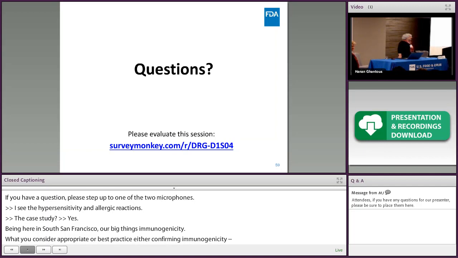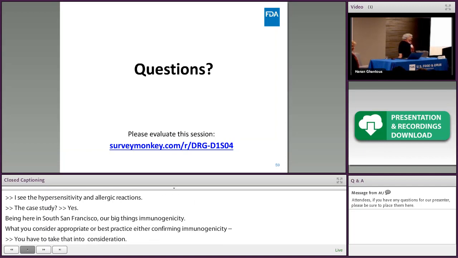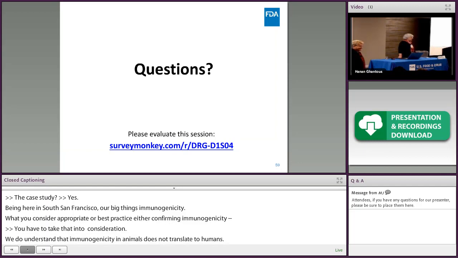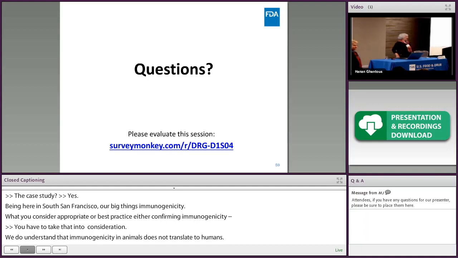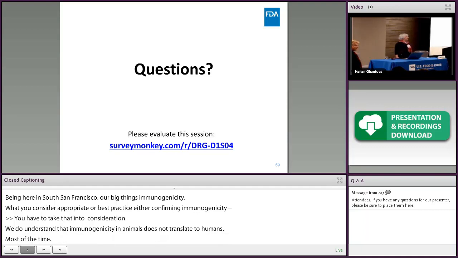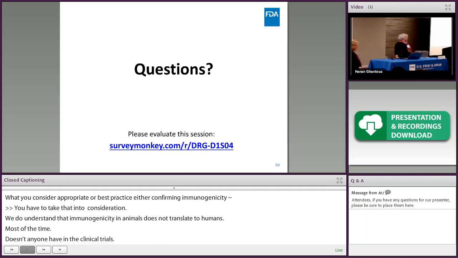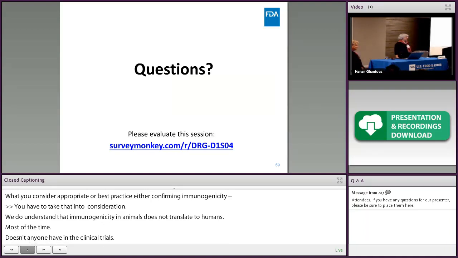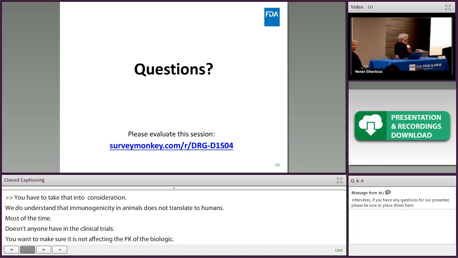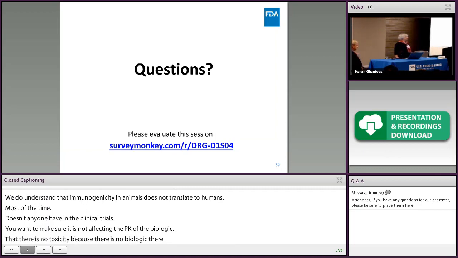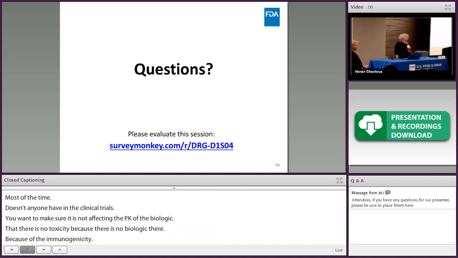We do understand that immunogenicity in the animals does not translate to humans. Most of the time, that doesn't mean you're going to have it in the clinical trials. The thing is, you want to make sure it's not affecting the PK of the biologic, and that there's no toxicity because really there's no biologic there anymore because of the immunogenicity. Right. That's fair. Thank you.